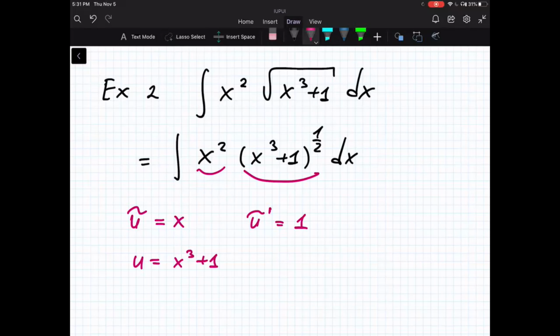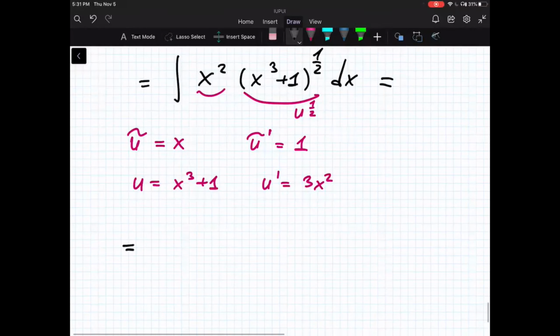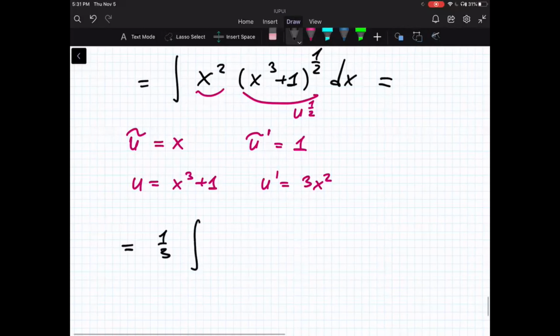Then the second term will look like u to the power 1/2. And let's see what happens with the derivative. The derivative of this function will be 3x squared plus 0, so just 3x squared. It's almost like the first term, except that I don't have 3. But of course, I can multiply and divide by 3, and I'll get this integral.